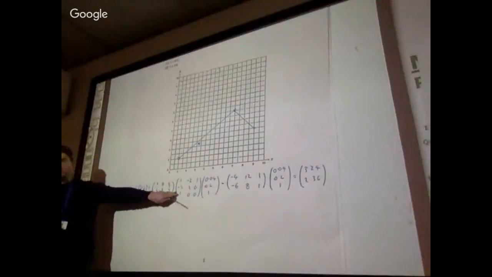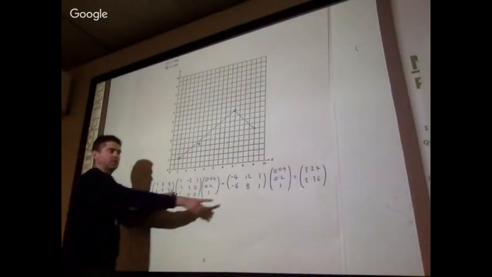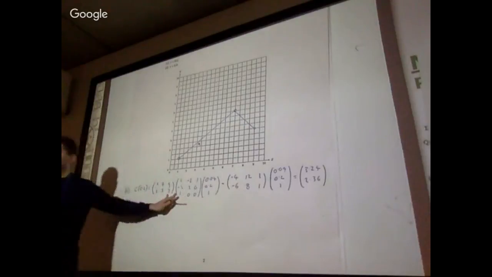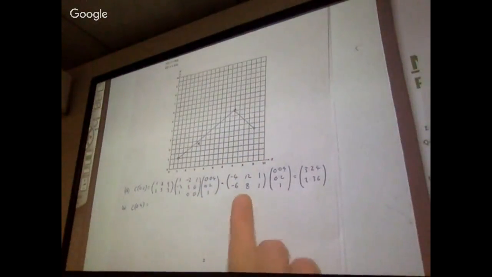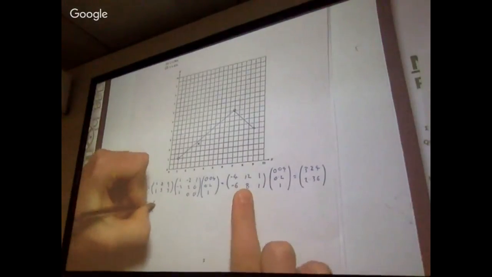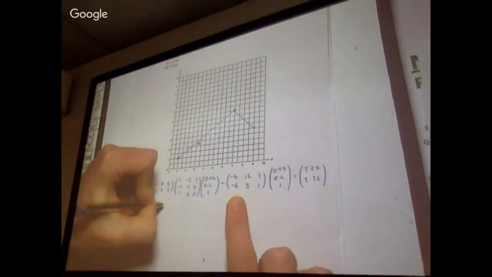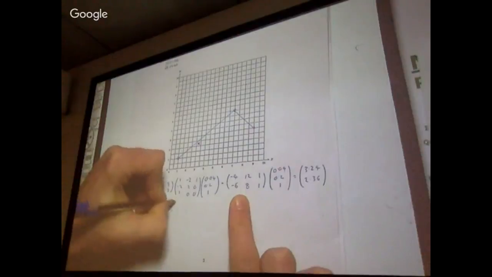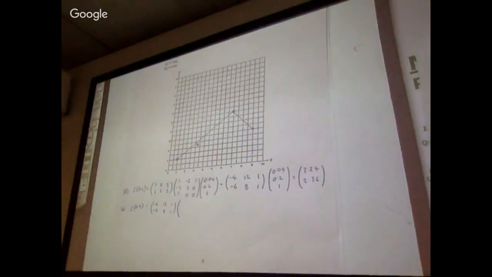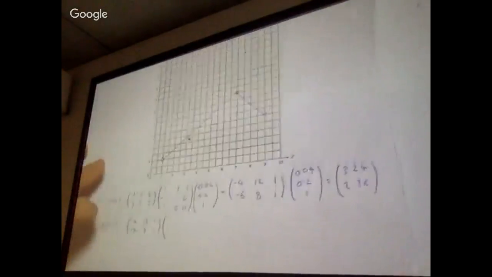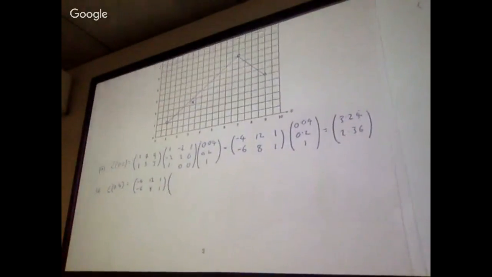So there's no point in me writing those down because I've already calculated their product. I'm going to go straight to this step. All I'm doing now is copying out what this matrix was. No point redoing the work. Can you see that? No point doing more work than we have to.